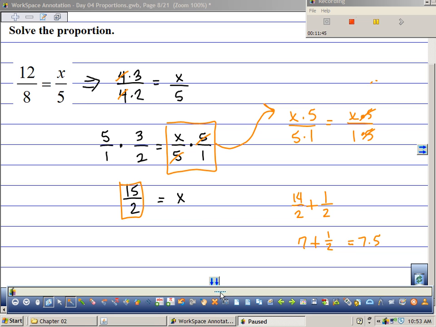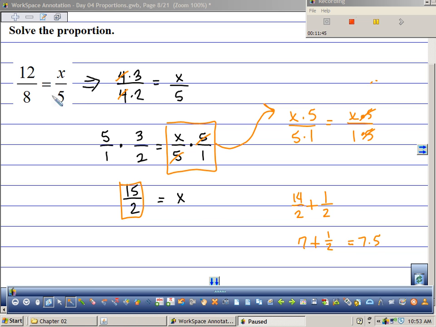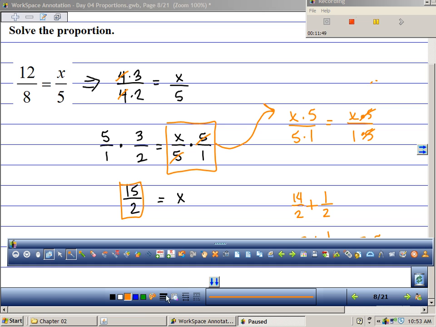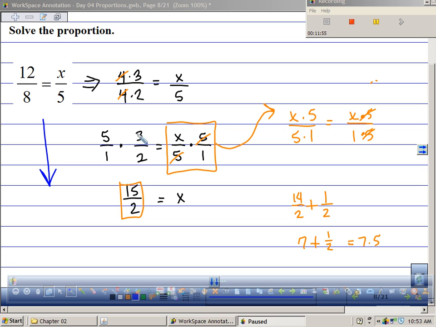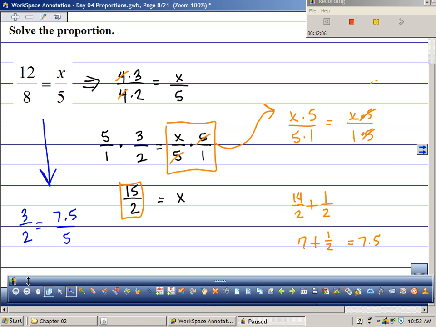Alrighty. Let's put it back in the equation. I'm going to check it. Didn't we find out that 12/8 is really 3/2? So 3 divided by 2 should equal 7.5 divided by 5. What is 3 divided by 2?